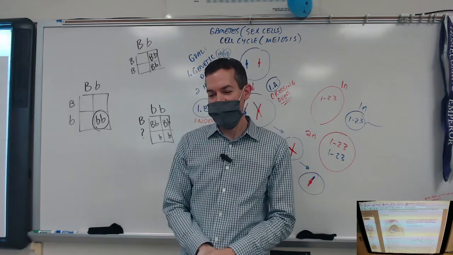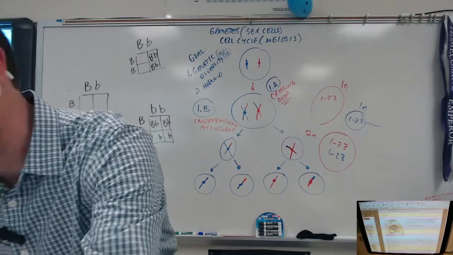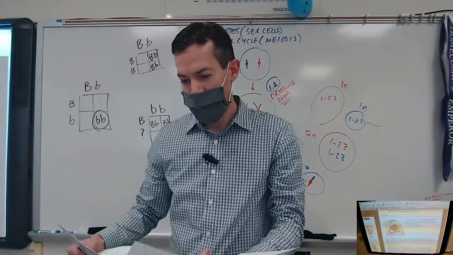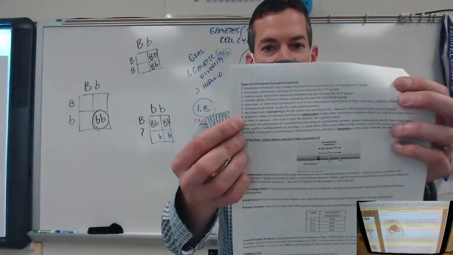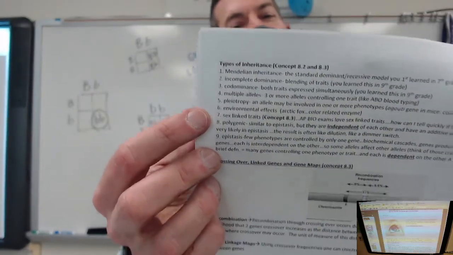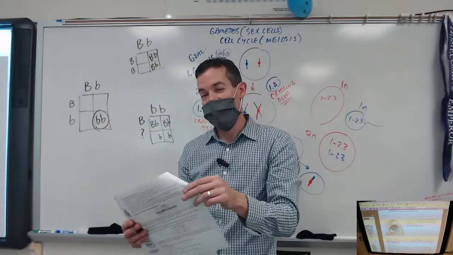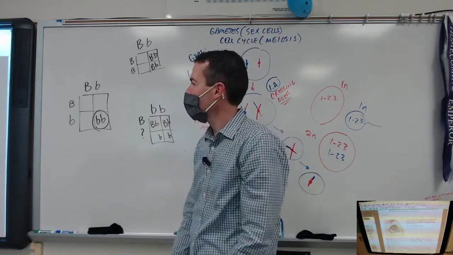I know that's not a very satisfactory answer, but if you flip forward a little bit in your notes, we do address it some with polygenic traits right there. We'll address eye color more in the future. It's a good question, but I don't want to talk about it yet. You need a little bit more genetics background before we can.